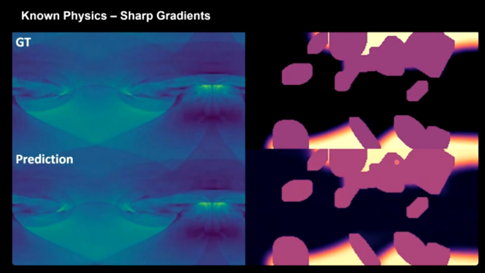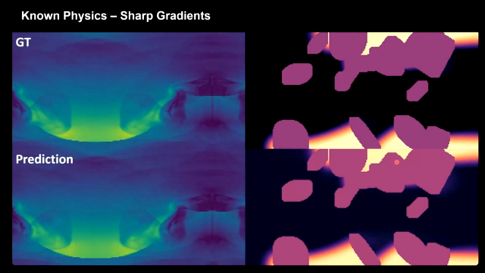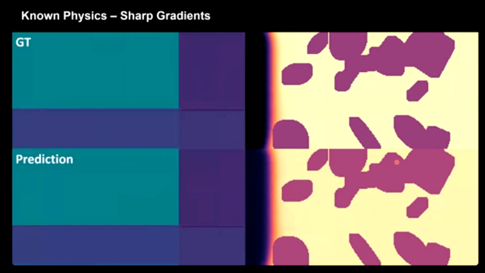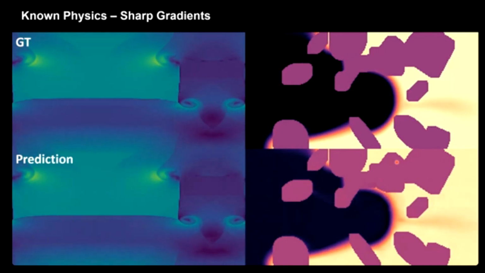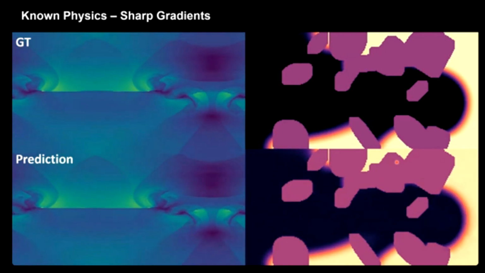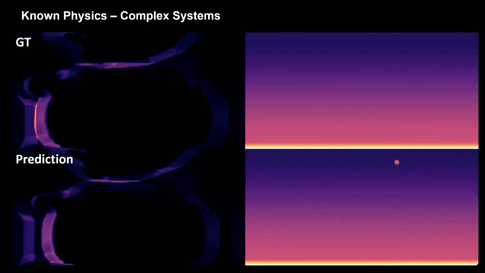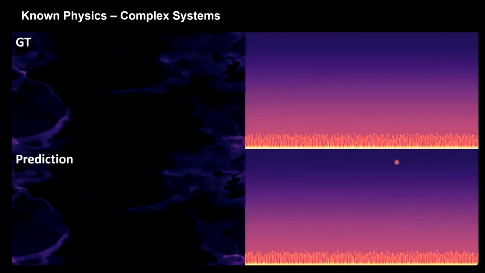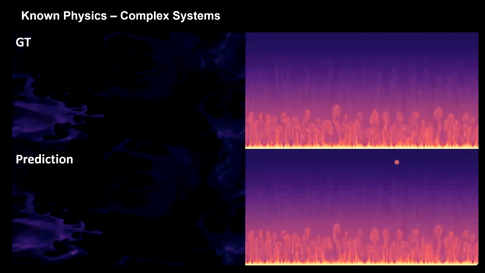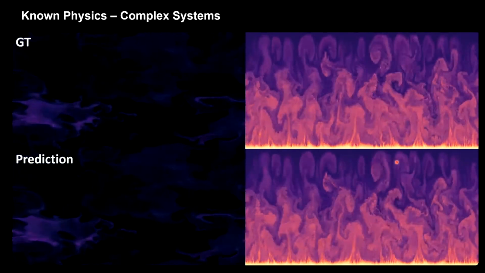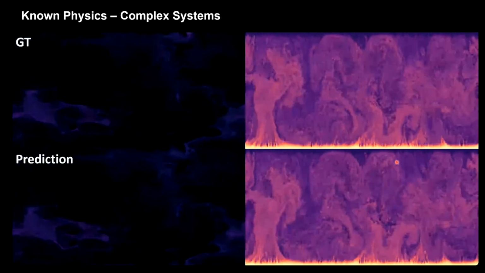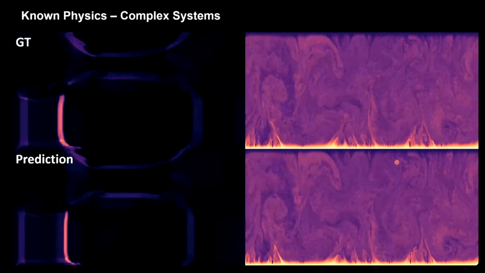This is a completely different kind of physics, where, for example, surface tension is really important, and the model is still doing reasonably well. And then very complex systems with heat involved, with sharp gradients involved, where the model is still doing well.